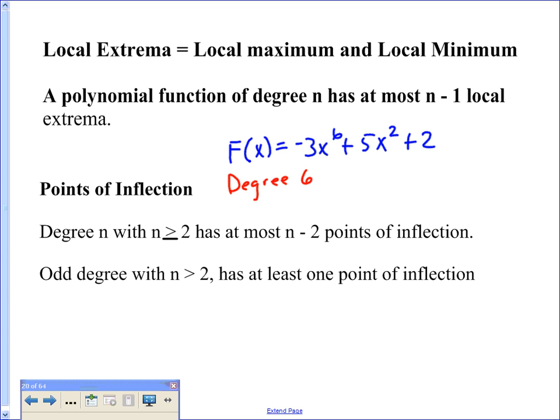So since its degree is 6, then what that means is it's going to have at most 6 minus 1 local extrema. 5, and that's at most. Okay, and then in addition to that, since it's degree 6, it's going to have at most 4 points of inflection.